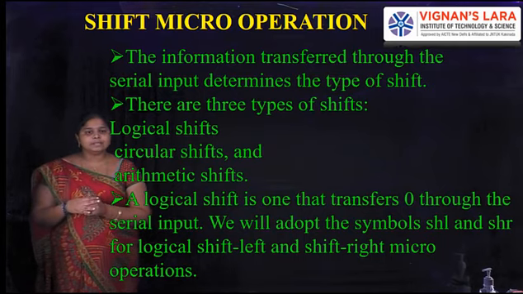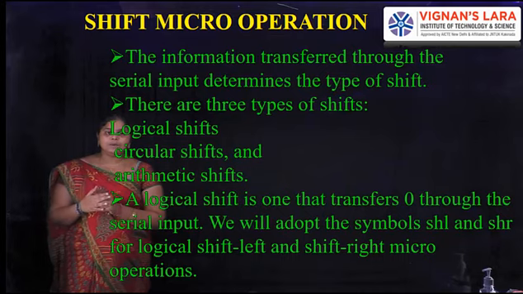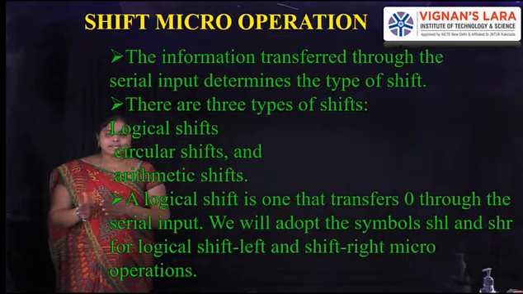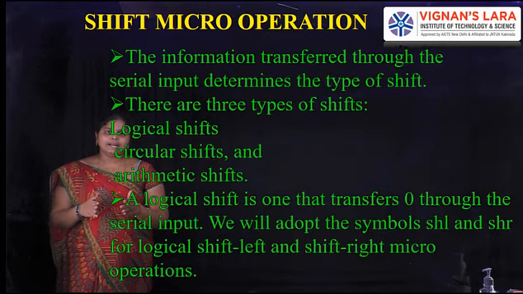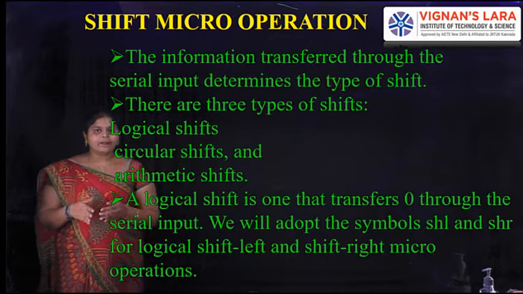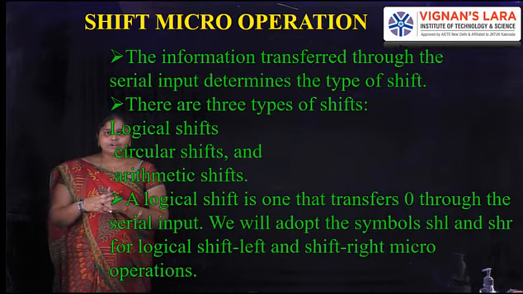Binary information means zeros and ones. The information transferred through the serial input determines the type of shift. By using this serial input manner, we can transfer the data from one register to another register.